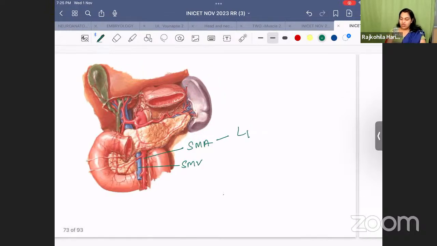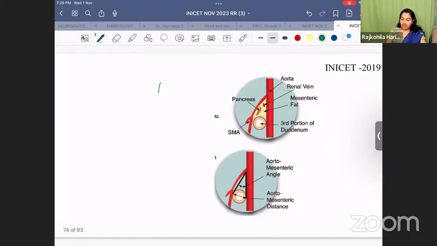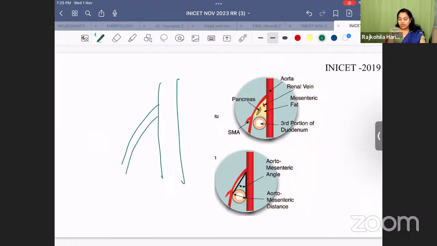L1. Okay. So in this syndrome, you have the abdominal aorta, with the superior mesenteric artery originating from it. At this junction between the origin of the superior mesenteric artery and the abdominal aorta, you get to see three structures sandwiched between them: the left renal vein, the uncinate process of pancreas, and the third part of duodenum.